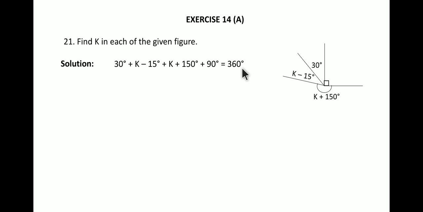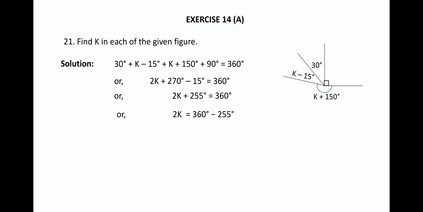Simplifying this, in the next step we'll get k plus k is equal to 2k. 30 plus 150 plus 90 gives us 270 degrees, and minus 15, because of the different sign, is kept like this, equal to 360 degrees. Simplifying further, we'll get 2k plus 270 minus 15 is 255 degrees, which is equal to 360 degrees.